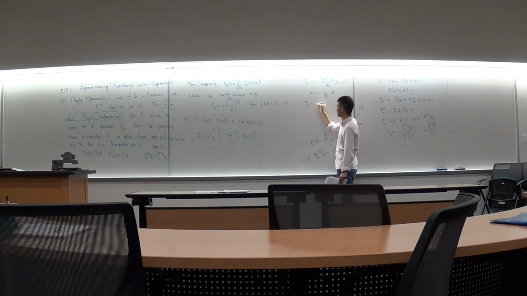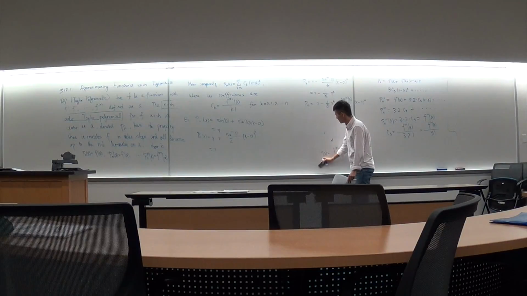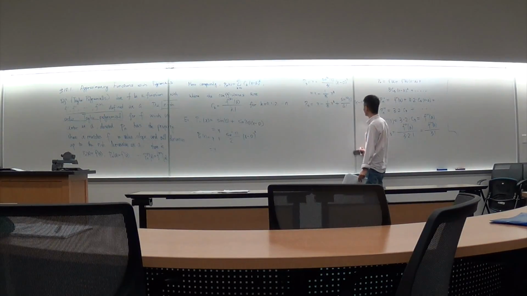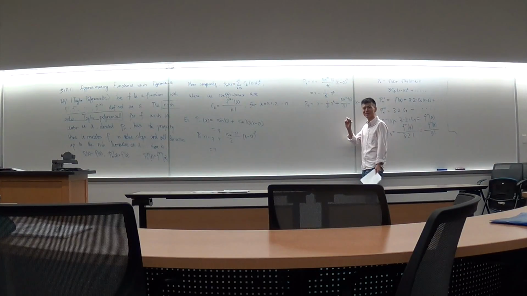Now what about the fourth? P4 is going to be P3 plus one more term. And that term is the fourth derivative of the sine function at 0 over 4 factorial times x minus 0 to the 4th power. So what is the fourth derivative of sine? It's 0. It's either a positive or negative sine function.